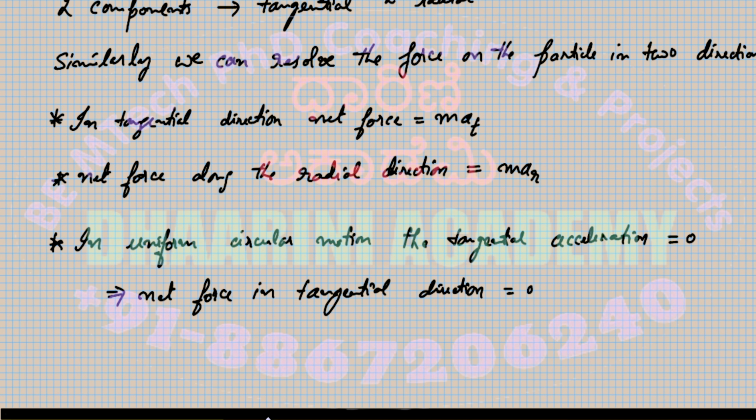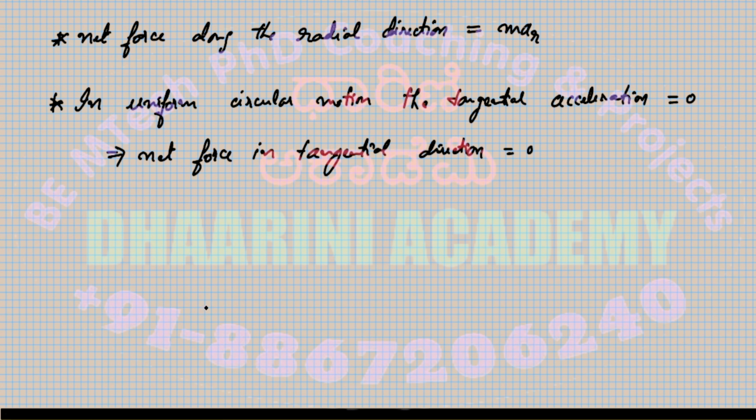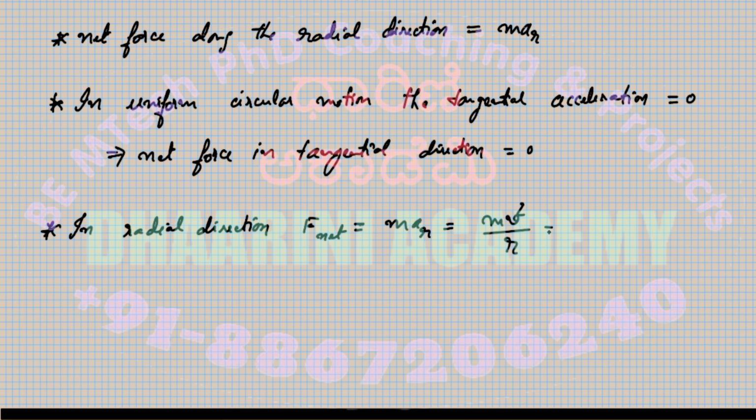And in case of radial, let's calculate this. Therefore, in the radial direction, what is the net force? F net is equal to, as per the fundamental equation, mass into acceleration in that direction. You can see that this is m v square divided by r, or you can also rewrite this as m into r into omega square.